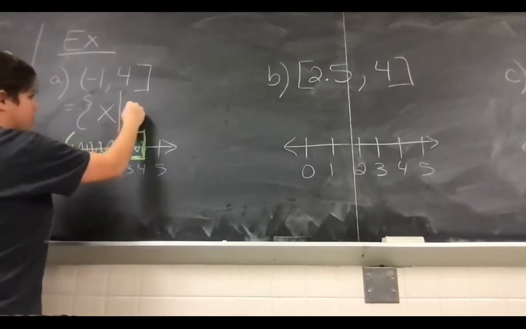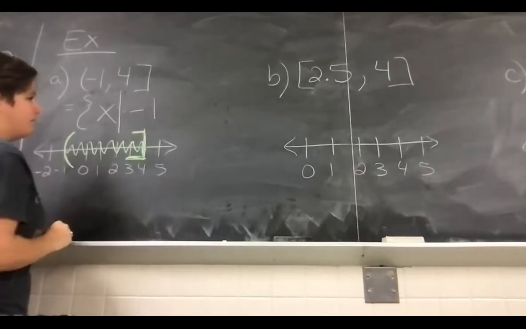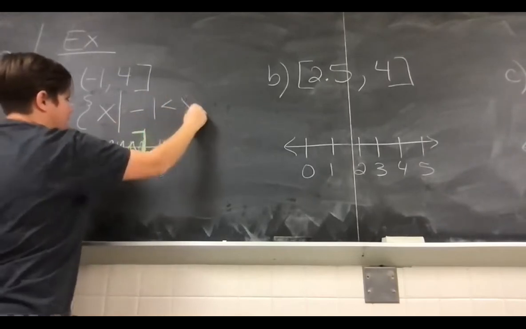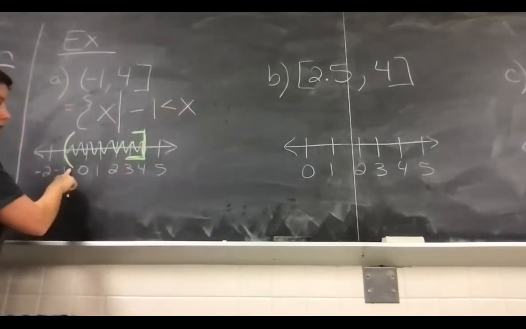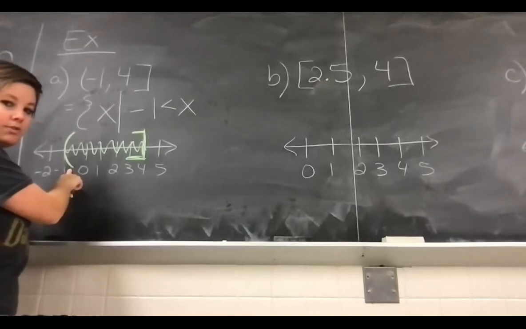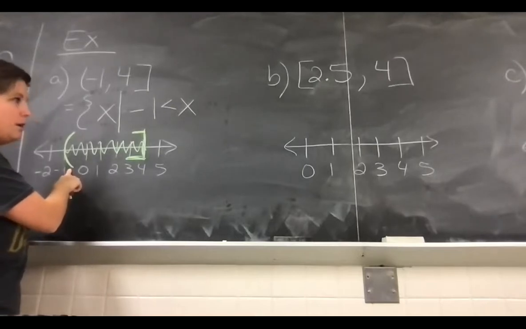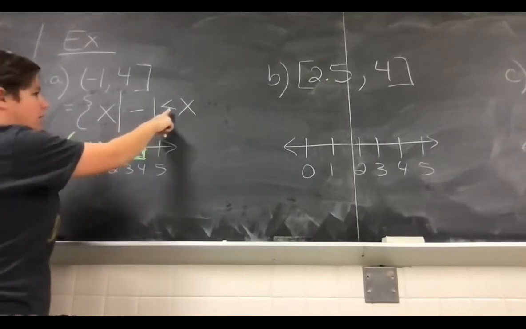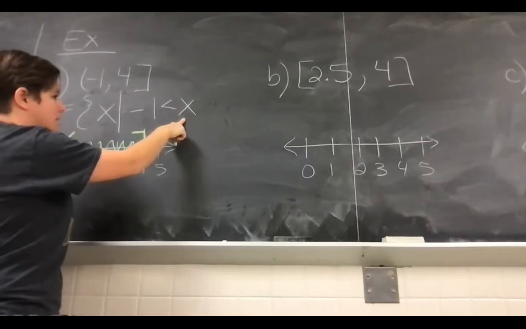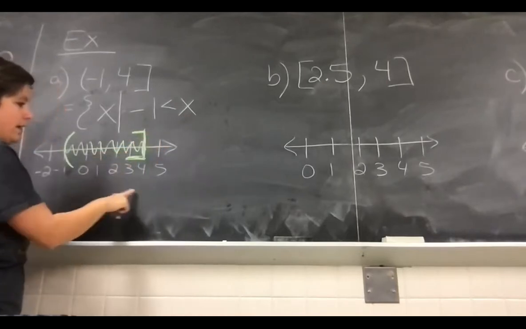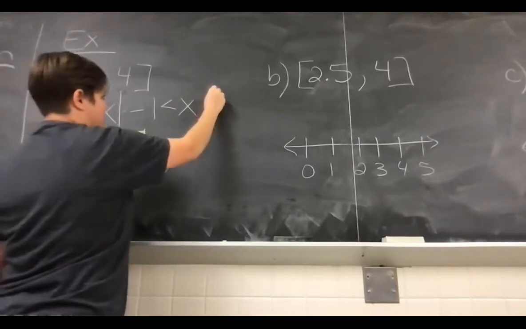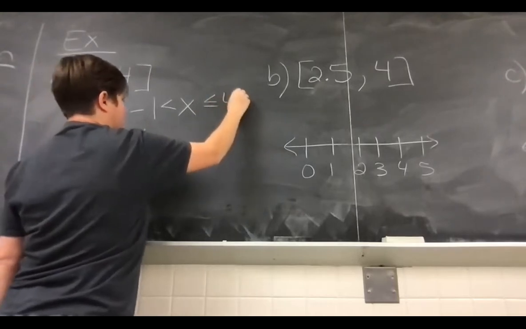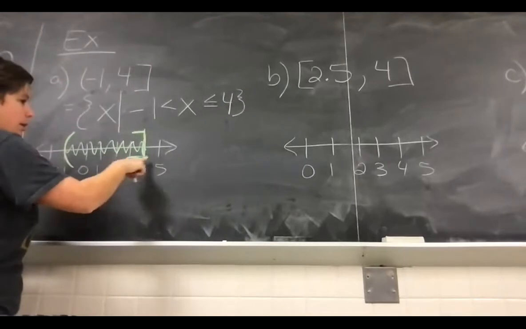So I'm going to write that first. -1 has to be less than X. It can't be equal to X because we have that parenthesis. So we get really, really close to -1, but we're not actually equal to -1. So -1 less than X, but then X has to be what? Well, it has to be less than or equal to 4 because we have that squared off bracket.